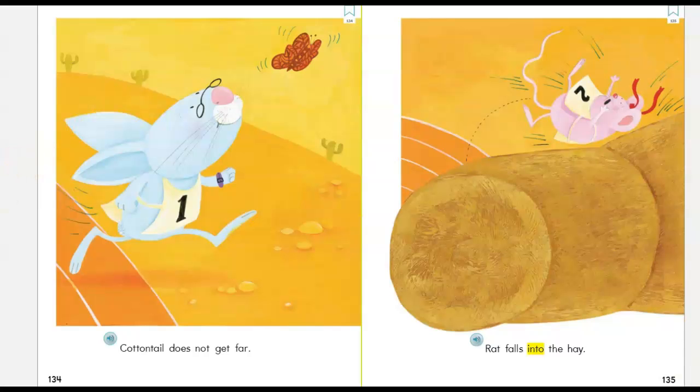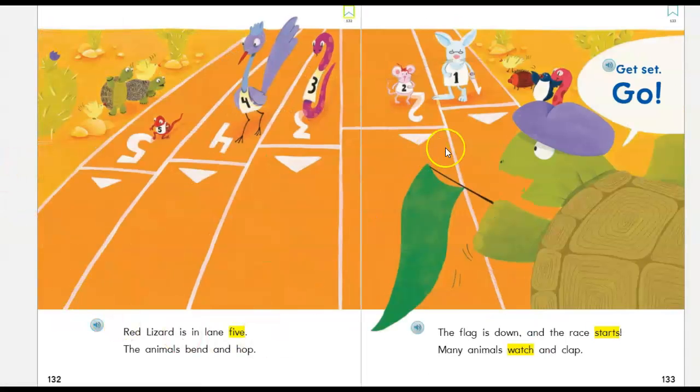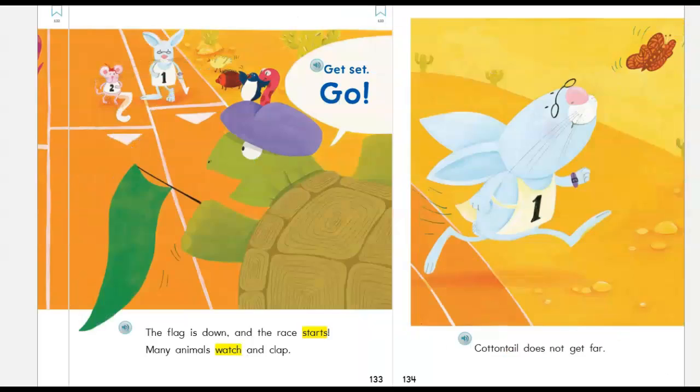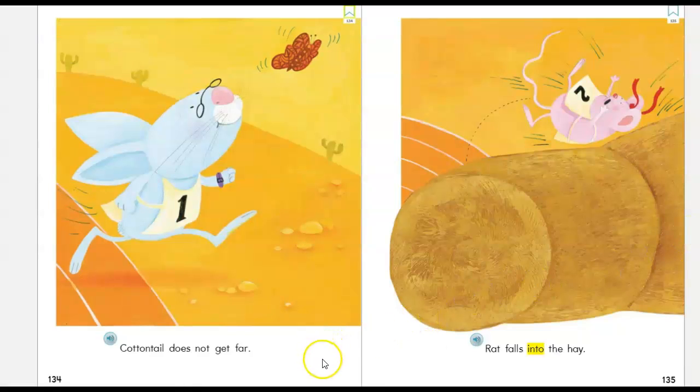So if we remember, we saw that there are 5 animals racing in this race. Each animal is in a lane, and they also have the lane number on their shirts. So if 5 animals started in the race, and 2 of them either fall or are not paying attention, how many animals are left in the race?